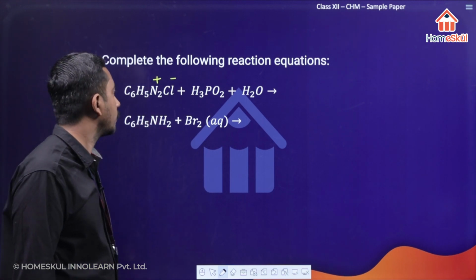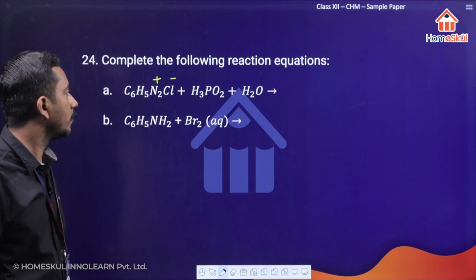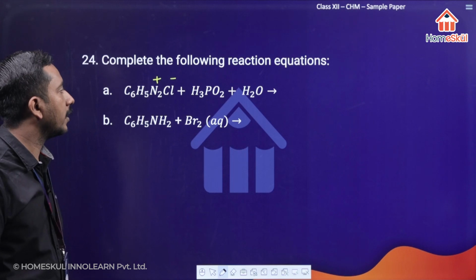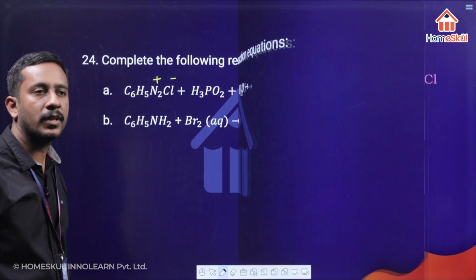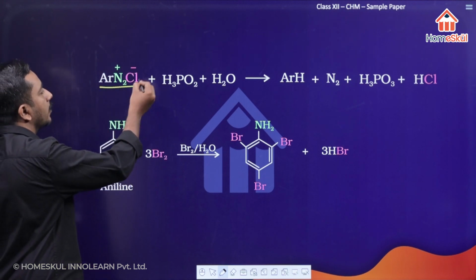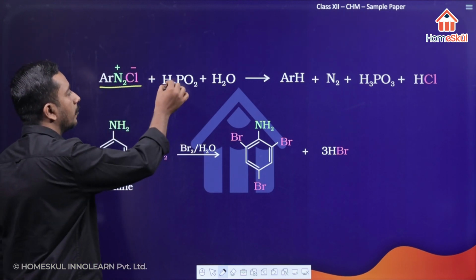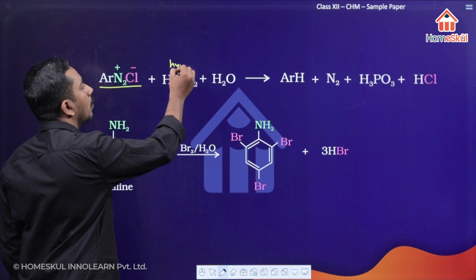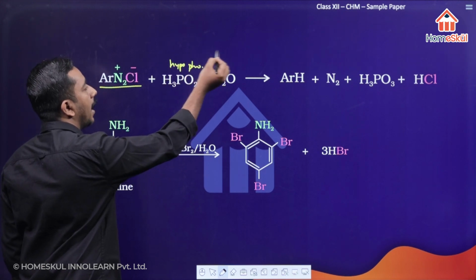And what will be the products of the first reaction? The products of a diazonium salt reacting with hypophosphorus acid. So we have the reactions written here. We are starting with an aryl diazonium chloride and the reaction of that with hypophosphorus acid and water.